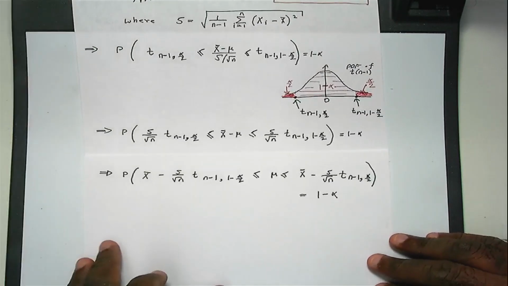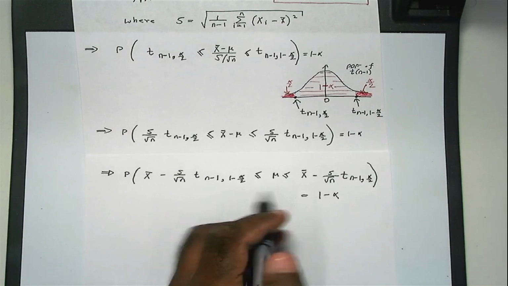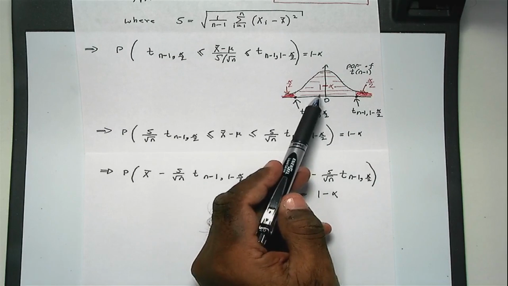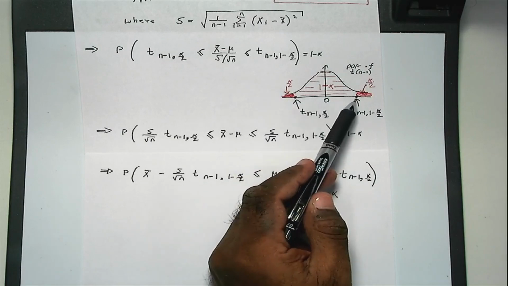You can see from here that because of the symmetry of the PDF, these 2 points must be equal in magnitude.